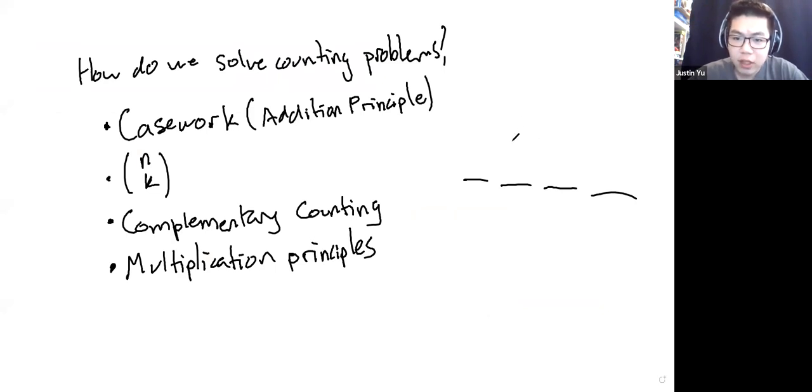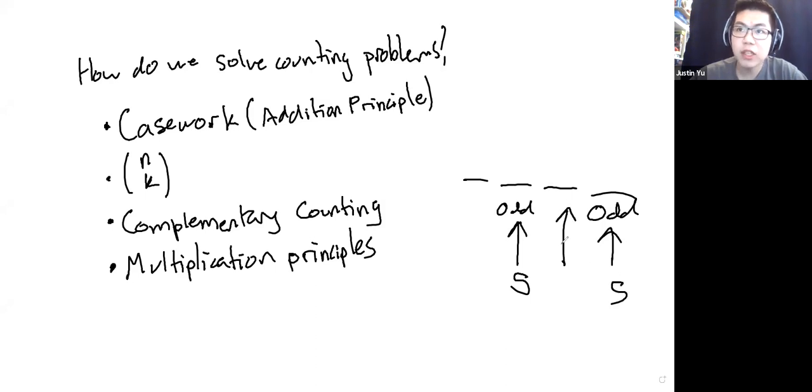So second and fourth digits: this one has to be odd, this one has to be odd. How many possibilities are there for this digit? 5. And this digit's also 5. How many possibilities are there for this third digit right here? There are 10, because we don't have any restrictions.